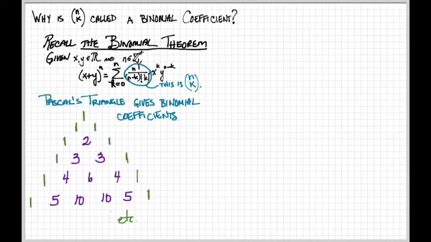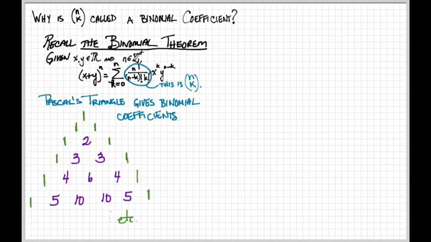You might remember that the binomial coefficients can be found by looking at Pascal's triangle. So the nth row here, if I look at the fourth row here, this tells me what the coefficients would be for x plus y to the fourth power. I consider the top row here the 0th row, then the first row, the second row, and so forth.